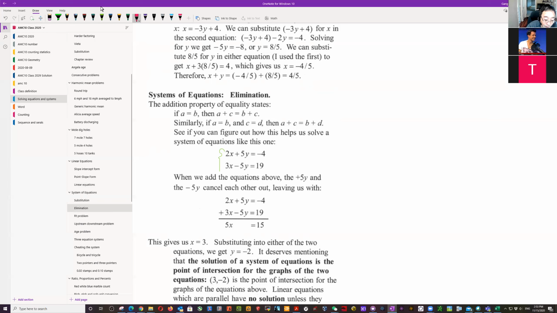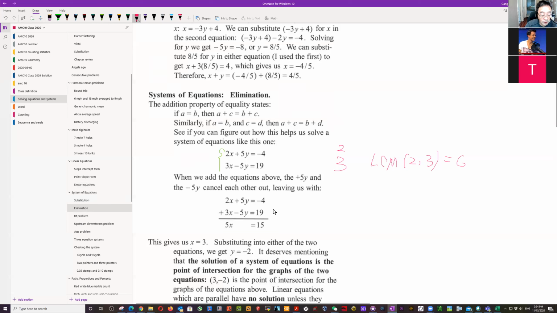To eliminate x, we judge the coefficients, 2 and 3. I need the LCM of 2 and 3, which is 6, so I have to synchronize both coefficients to 6. That involves multiplying both equations, which is not so fun, and addition is way easier.